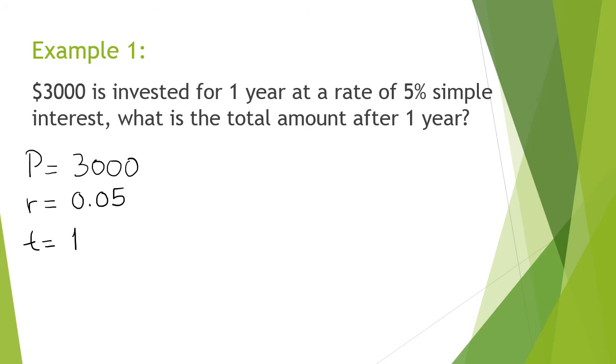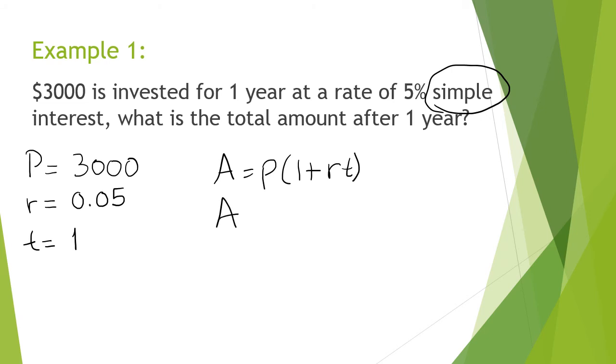which is in this case 1 year. So since we have simple interest, we're going to use the equation A equals P times 1 plus RT. So A is the final balance, and P in this case is $3,000 times 1 plus 0.05 times 1 year.